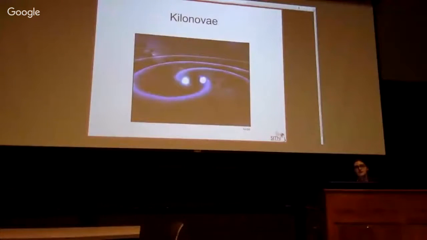So we wouldn't really see it with our own eyes, but we can definitely detect it with our telescopes on the ground. And we haven't seen it yet, so we don't know, but we predict that we'll see this light for about 5 days. And that's long enough, hopefully, that we can look after LIGO tells us and try to catch the event.